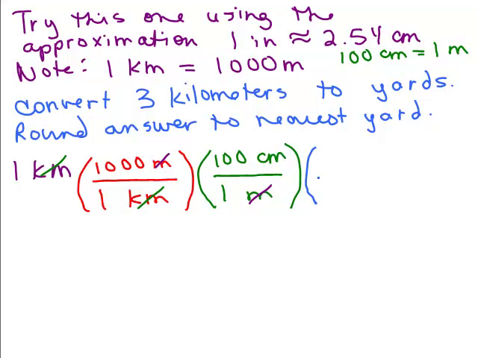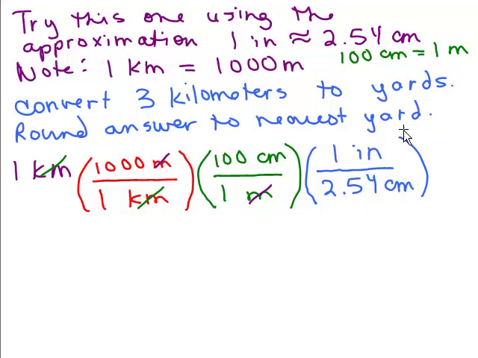So I want to use this, 1 inch is 2.54 centimeters, so that I can get everything in inches. So I can go from the metric to the English system. So that's 2.54 centimeters. And I'm running out of space on this video, but I need to do one more thing. I have to know that there are 36 inches in a yard.